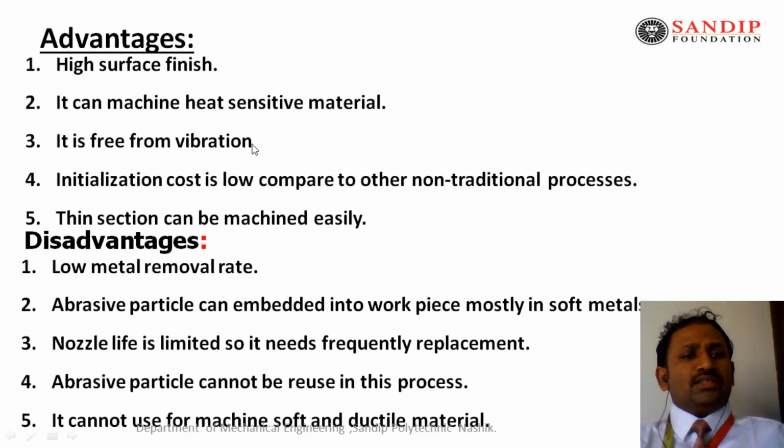Then initialization cost is low compared to other non-traditional processes because this is mechanical based, so there is no need for extra electricity or laser or plasma like processes, so that's why the initial cost is less as compared to other non-traditional machining processes.